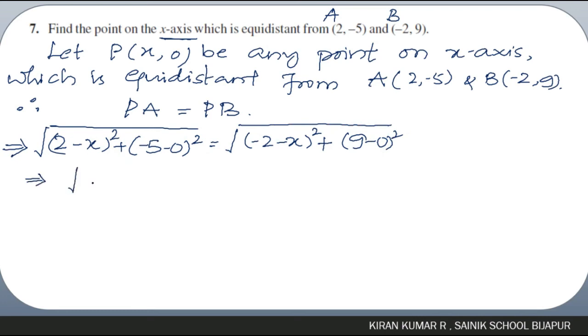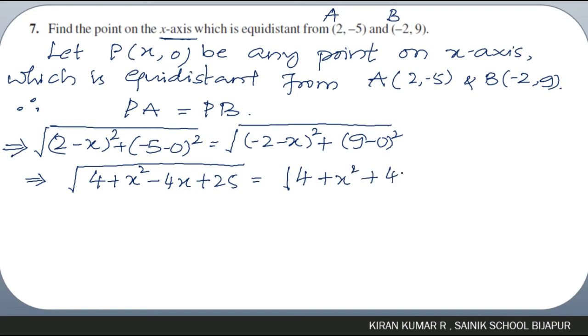Let's simplify this. We get root of 4 plus x square minus 4x plus 25 equals root of 4 plus x square plus 4x plus 81. Let's square on both the sides so that the roots get cancelled.